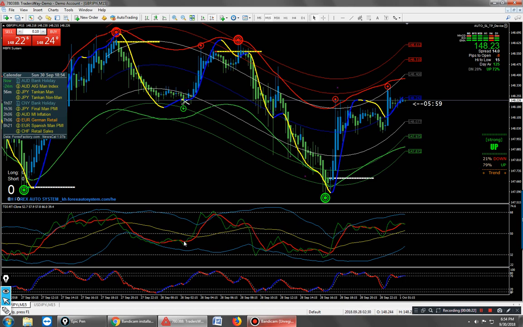For buying signals, you want the green line to be above the red line. And you want them a decent distance apart from each other. Now, what I mean by decent distance is enough to know that you can easily tell that the green is above the red or below the red. That's all that really means. That you can actually see some black in between them, or blue, green, whatever color you're using for the background.